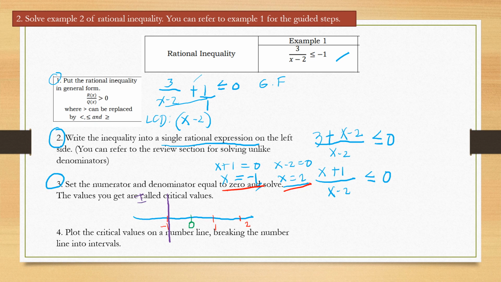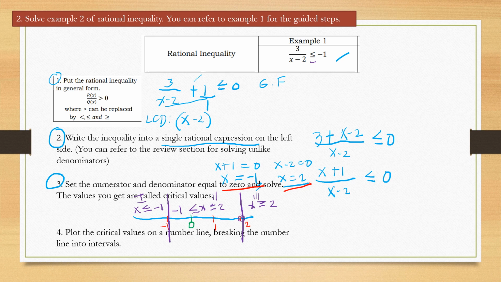Ito yung region 1, region 2, at saka ito yung region 3. Sa region 1, ang x natin ay, since may equal sign tayo dyan, lahat ng papunta sa left, so less than equal to negative 1. Dito sa gitna, less than equal to 2, but greater than equal to negative 1. Later check natin kung kasama sa solution itong mga critical values. Tapos dito, x is greater than equal to 2.